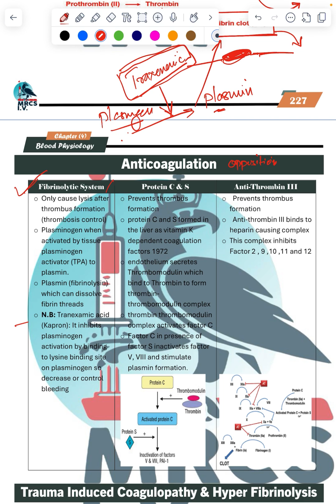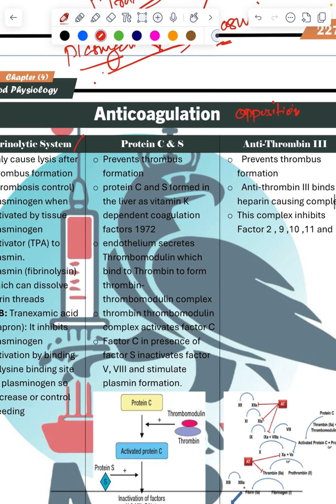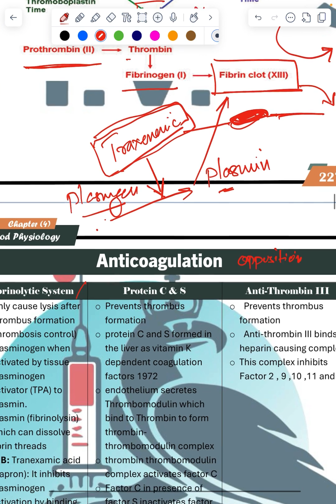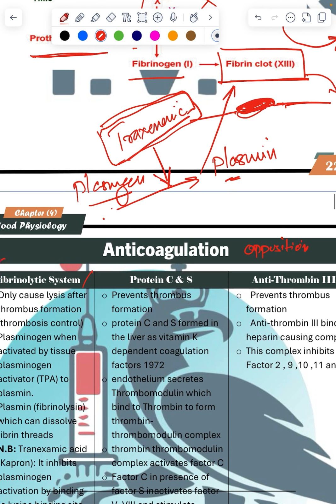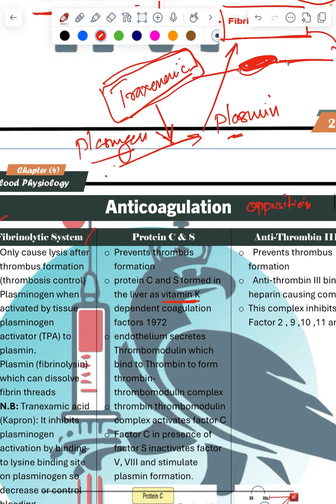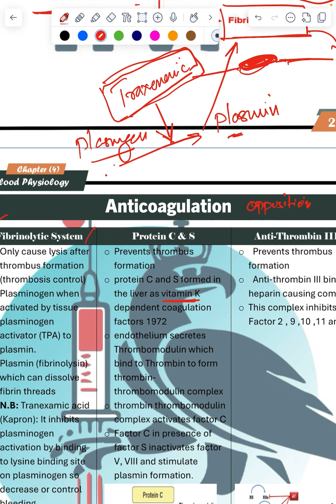anticoagulation opposite. Second is protein C and protein S prevents thrombus formation. Here is the prothrombin to thrombin. So C and S are formed in the liver as vitamin K dependents. So these are dependent on vitamin K. Endothelium secretes thrombomodulin which binds to thrombin to form thrombin complexes, and thrombin complexes activate protein C. Protein C is present.